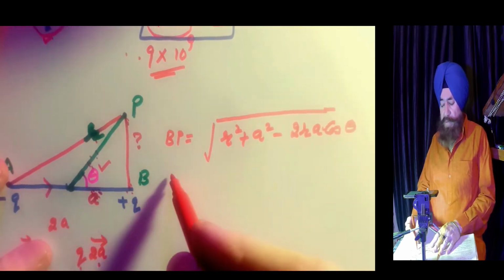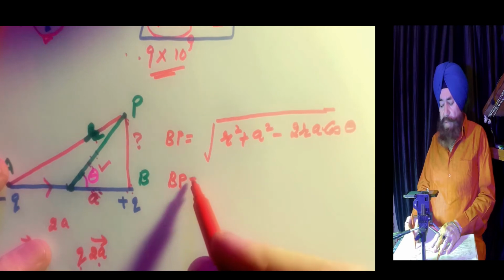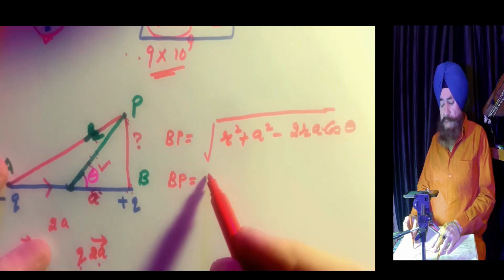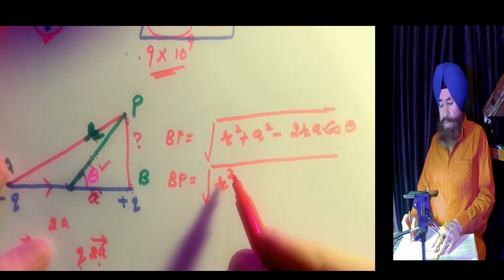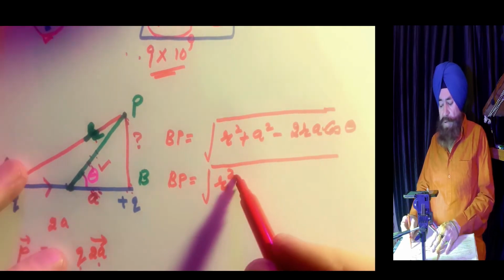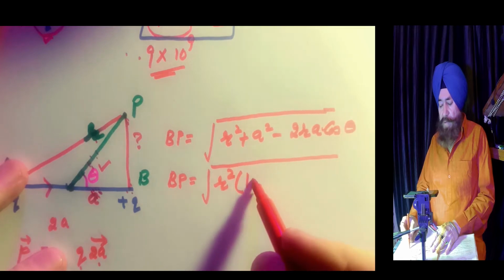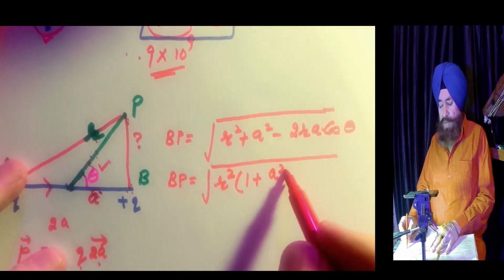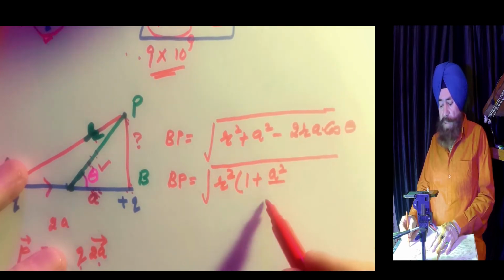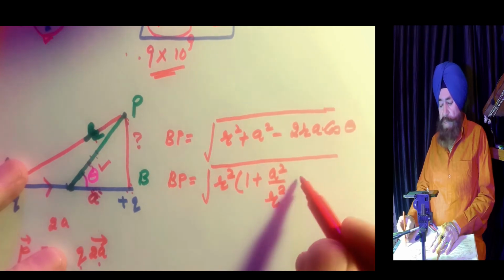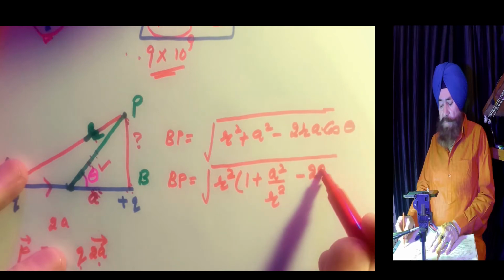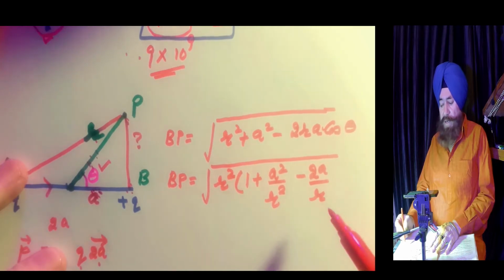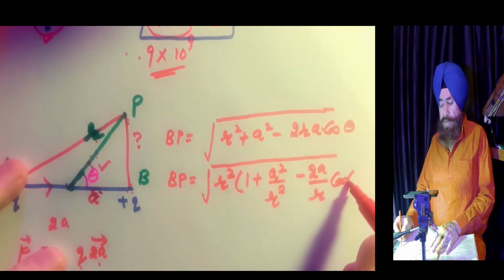And from here, in BP, R square is taken as common. R square is taken as common, 1 plus a square upon R square, because there is no R square it comes in the denominator, minus 2a upon R, since there is a single R it becomes R in the denominator, cos of theta.